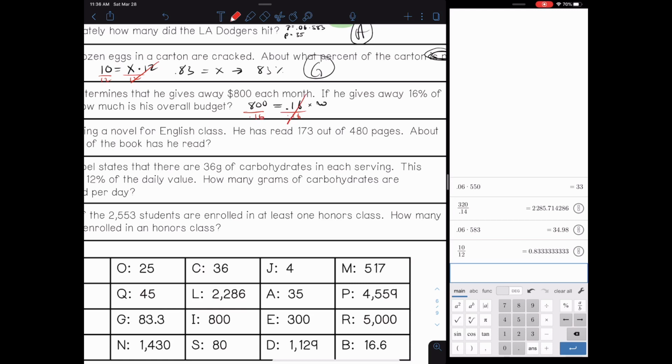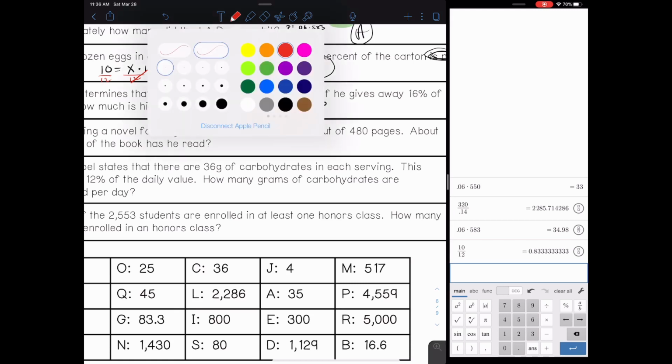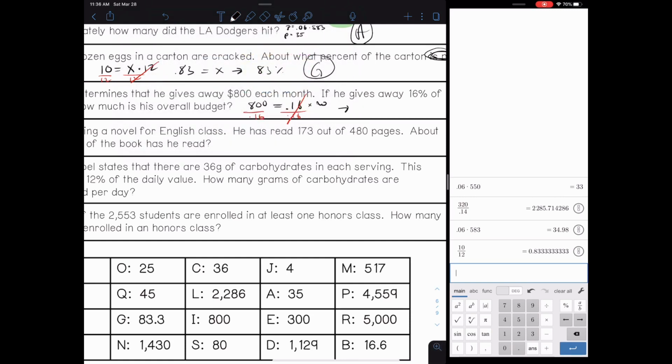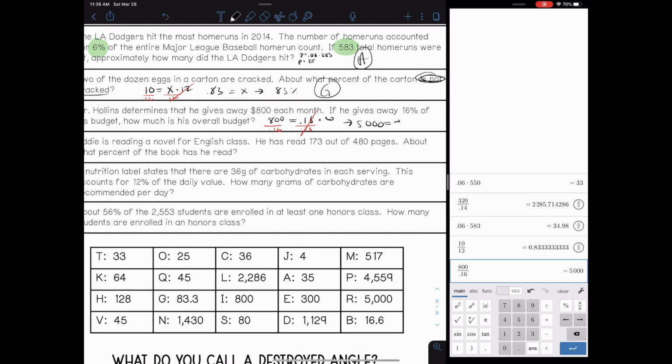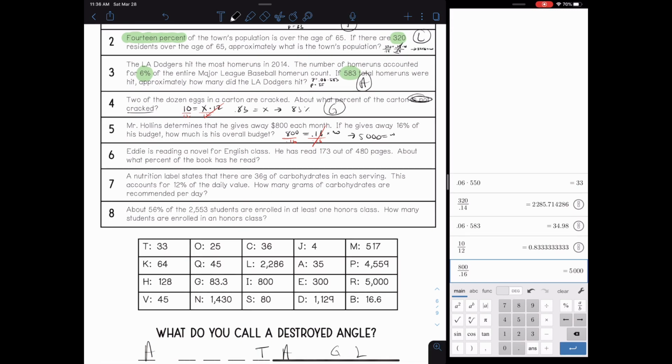All right, so we have on the left side 800 divided by 0.16. That is 5,000 equals 1 times W is W. So we get that his monthly budget would be 5,000.